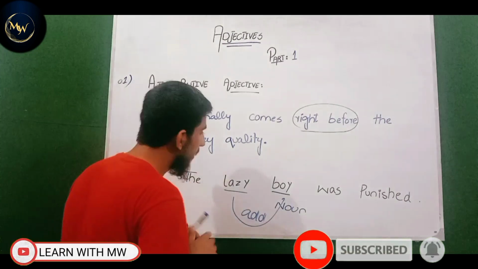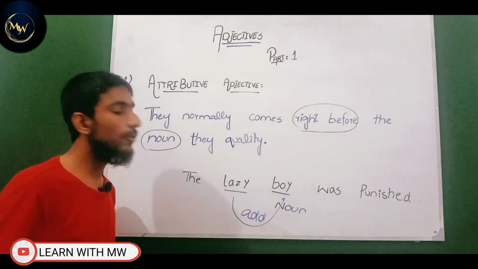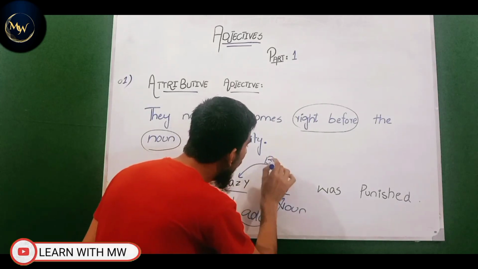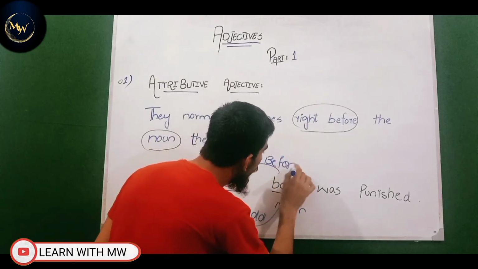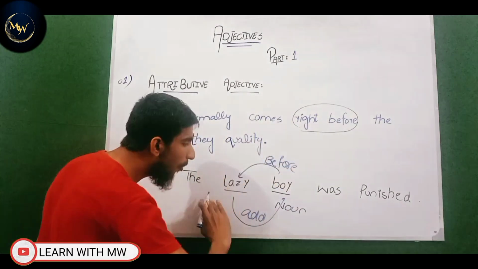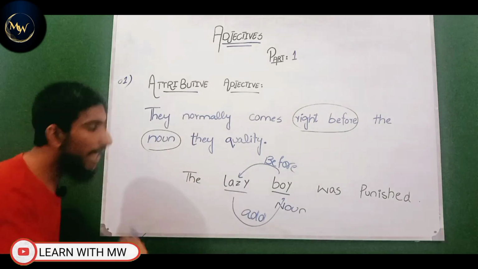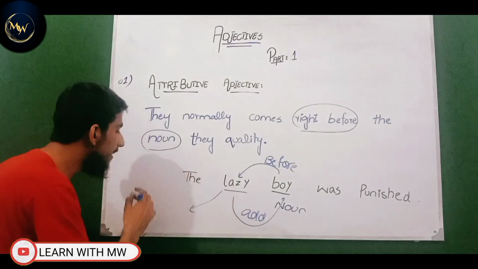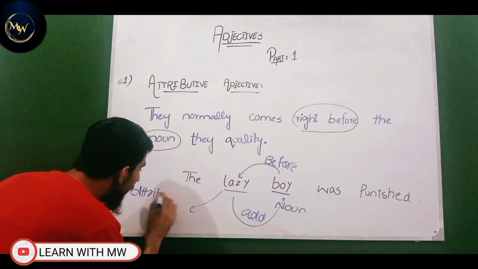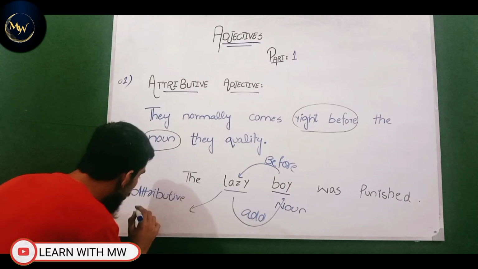But look at this. It's a very special kind of adjective, because this adjective comes right before the noun boy. That's why lazy is basically an attributive adjective in English grammar.